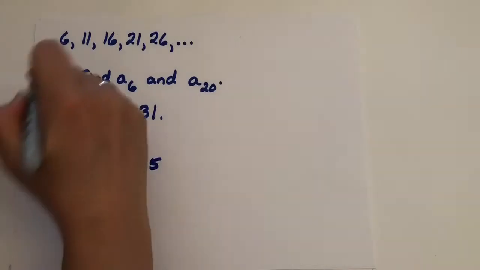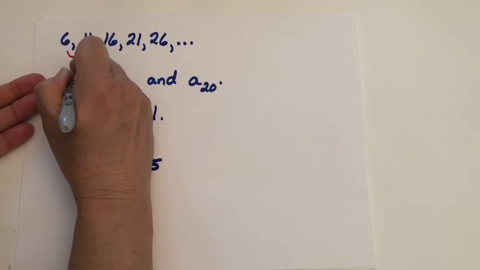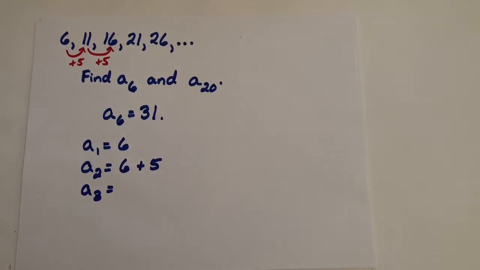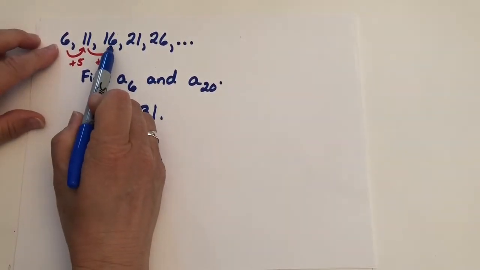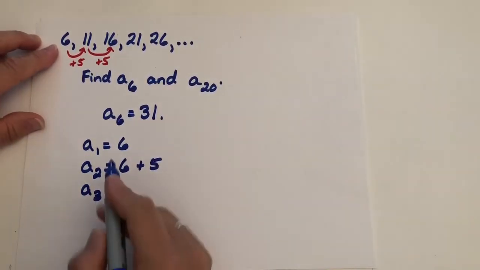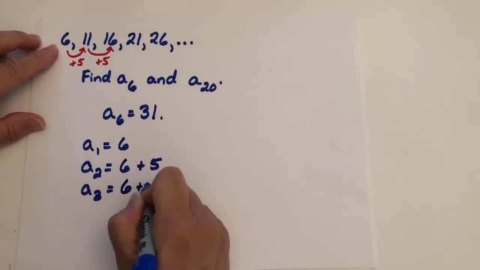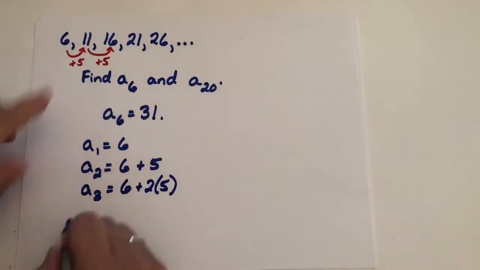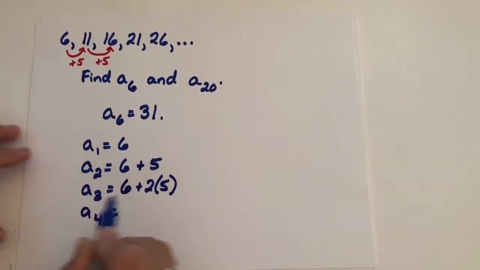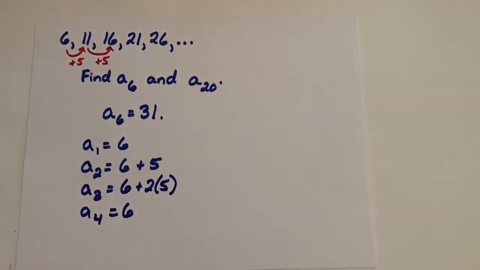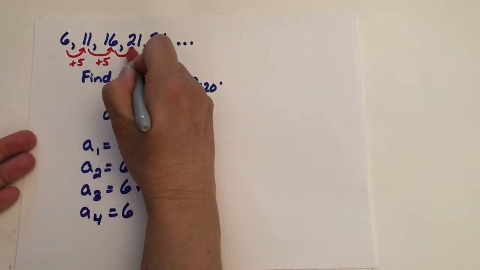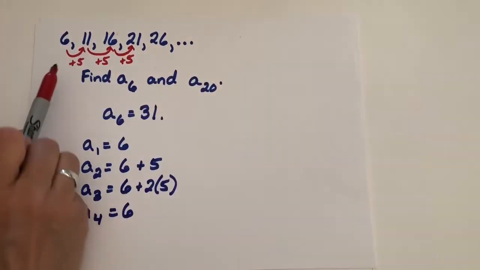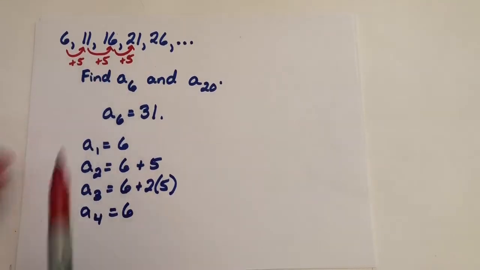I am adding 5 to get here and adding 5 to get to the third term. Notice to get to the third term, I would add in the 5 twice. So I'd have 6 plus 2 times 5. Now, if I wanted to get to the fourth term, I could start at 6. And notice I would need to add in 5 another time. So to get to the fourth term, I would start with the 6 and add in 5 3 times.